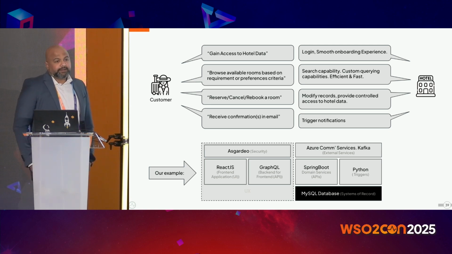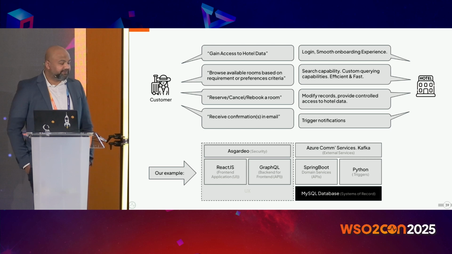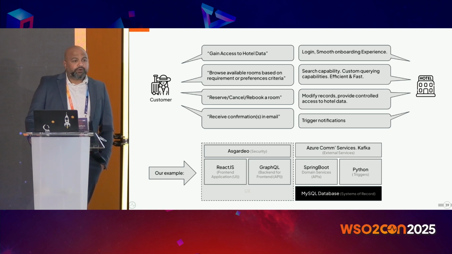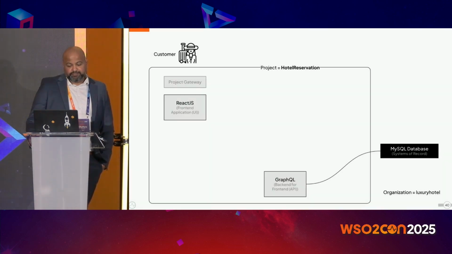If you have developed user-facing applications, like front-end applications, probably you have developed many user login screens in the past. But in this case, I will show you how quick it is to develop or integrate a login screen using Asgardeo when you deploy a React.js application on Choreo, the internal developer platform.